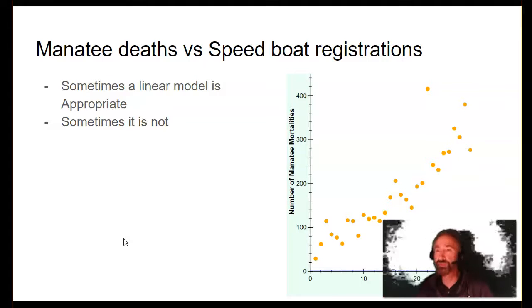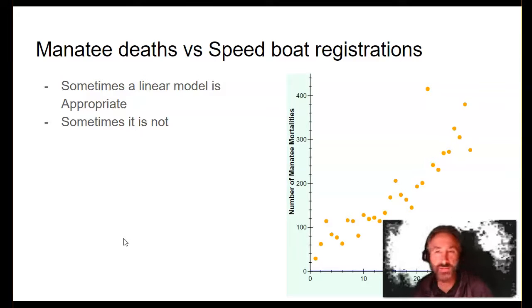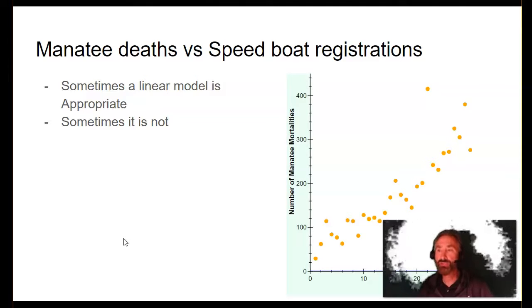Sadly, it was kind of a sad topic to look at. And in this case, too, it looks like a linear model is appropriate. Sometimes a linear model is appropriate, sometimes it's not. But in this case, it sure looks like you could put a straight line through this data, and that most of the dots would be pretty close. Maybe we have an outlier over here.